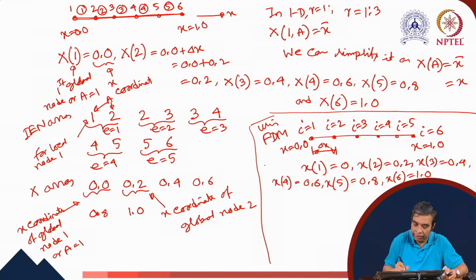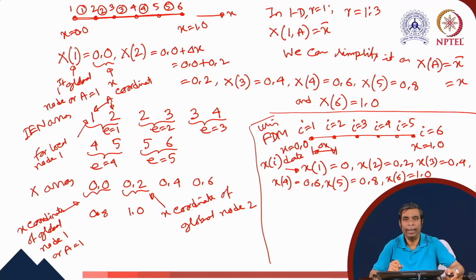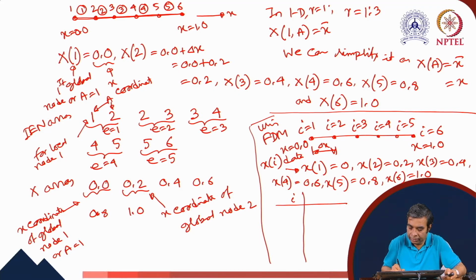Okay, so these are the xi data, where I represents the nodal point. Now, when we write the data file using the finite difference method, we store it as I versus xi, the coordinate data. I varies from 1 to 6.